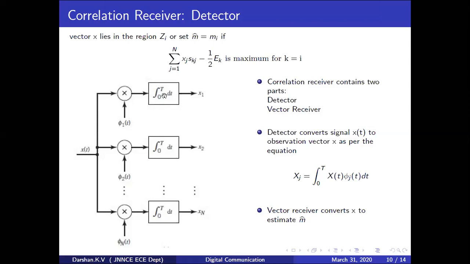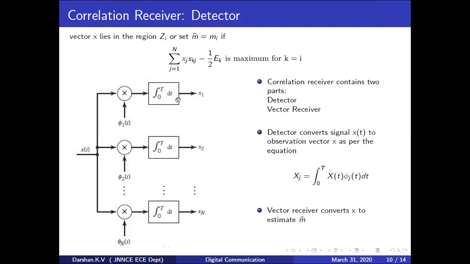You have a bank of N product integrators or correlators. That is why the receiver is also called a correlation receiver. A multiplier and an integrator together are referred to as a correlator. That is why the name correlation receiver.